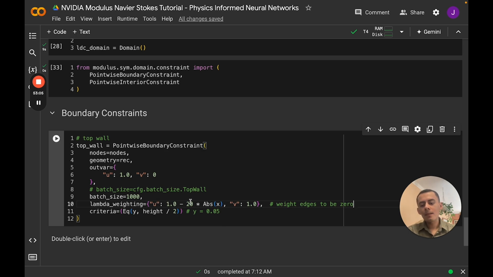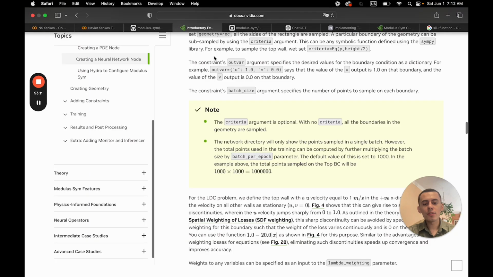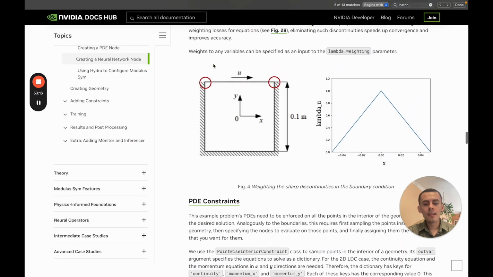So the point of the lambda weighting is nothing but to make sure that the value of the velocity u is 0 at the corners.